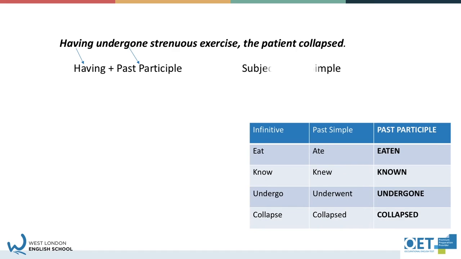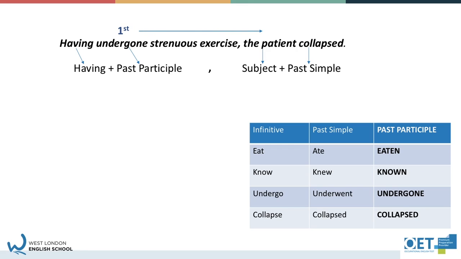And then in the second clause we use the subject, which is the patient, and we use the second verb form, which is the past simple. So that's the form we use when we use this sentence structure. And these 2 clauses are always separated by a comma. Really important not to forget the comma.